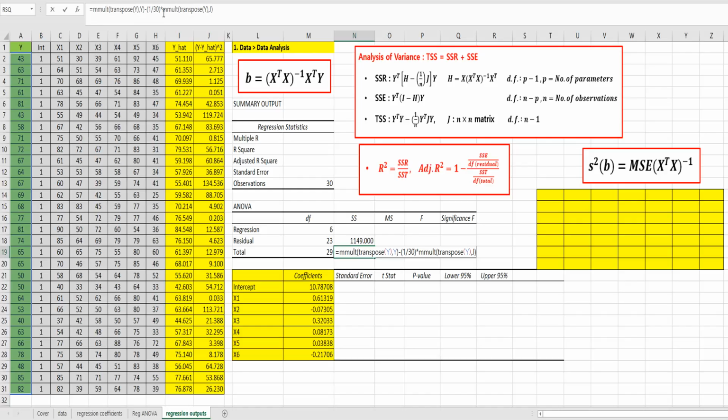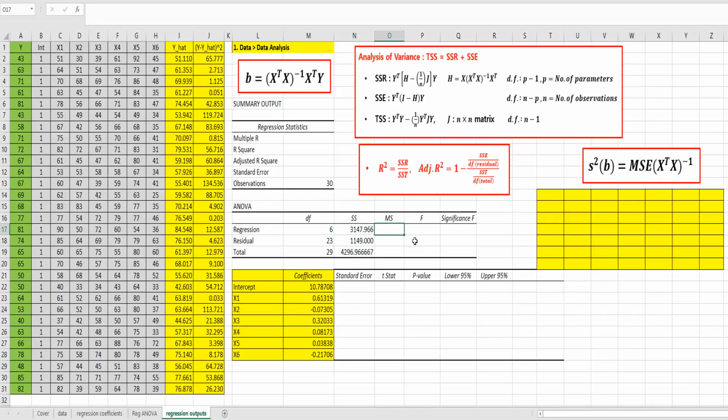Okay, and then MMULT, comma y. Then the regression sum of square can be calculated by total sum of square minus error sum of square.